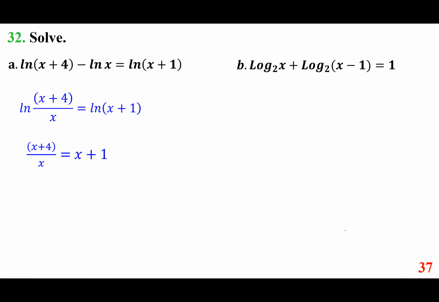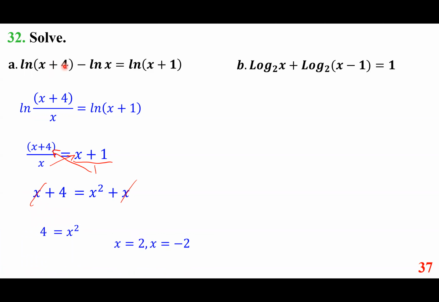And so we multiply these two, we get x plus 4. This is a cross product. We multiply these two, we get x squared plus x. We can drop the x from both sides. If x squared is 4, x is either 2 or negative 2.